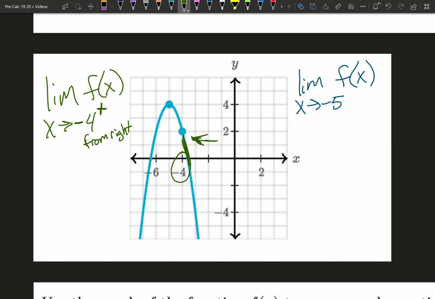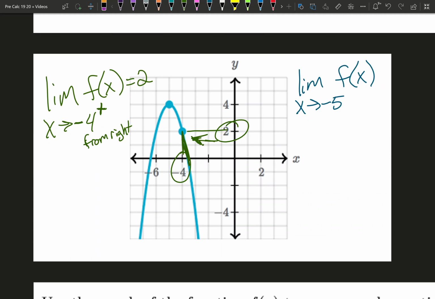So it's not approaching the right, it's coming from the right and moving towards negative 4 on the x-axis. So our answer to this, our output for these limits, is going to be what the y-coordinate is doing. So here, the y-coordinate is going to be 2 as x approaches negative 4 from the right. So our y-coordinate is 2, and that's the important part for the limits.